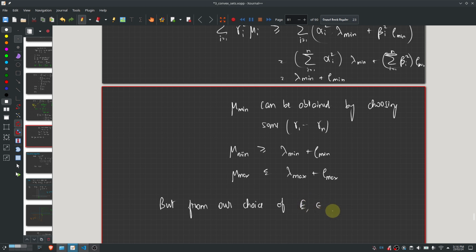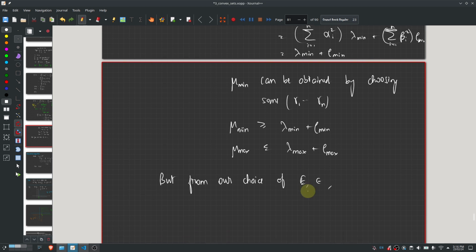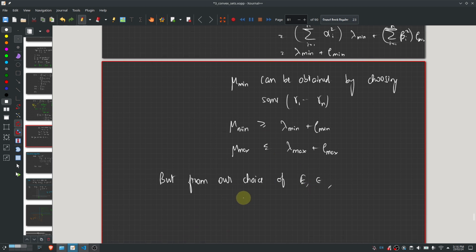So E and epsilon: the minimum eigenvalue of E, which is rho min, is at least minus epsilon, right?